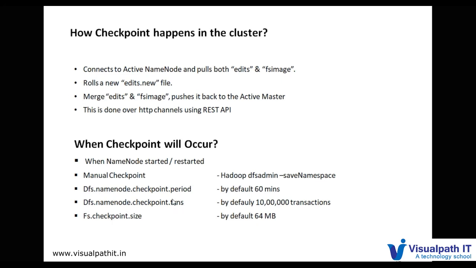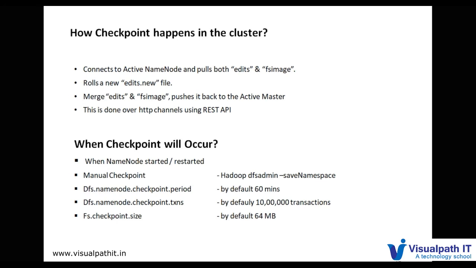Transactions means each and every end user operation. So if end user operations reach 10 lakh transactions, automatically checkpointing will happen. And the block size of the checkpoint, fs.checkpoint.size: if it reaches a block size of 64 MB in Hadoop 1x, automatically checkpointing will happen. Out of these 5 scenarios, if any one is met, automatically checkpointing will occur in Hadoop 1x.